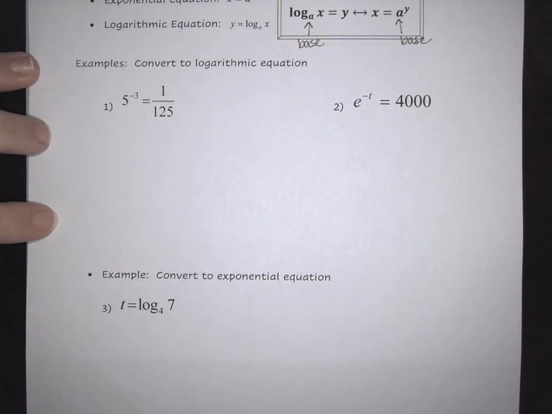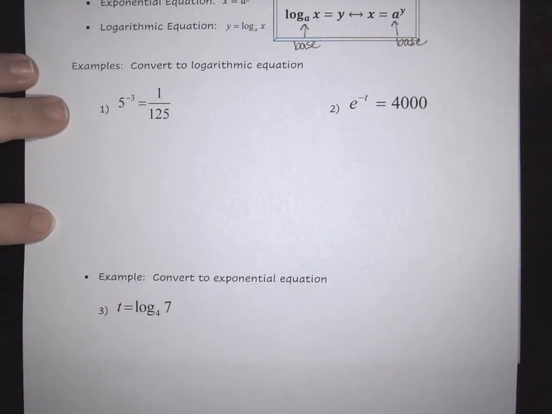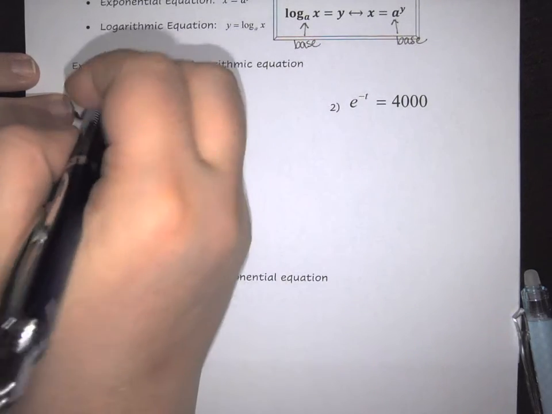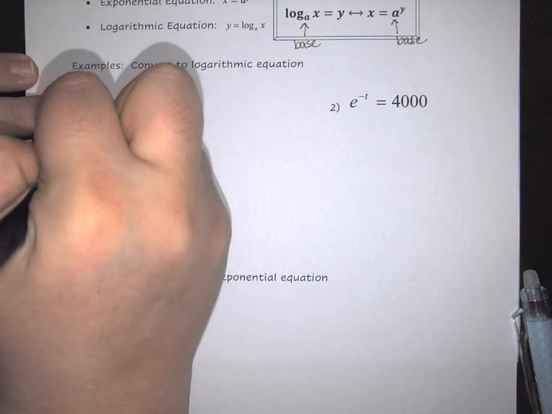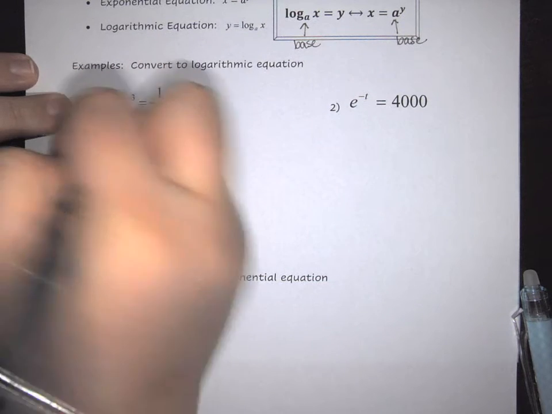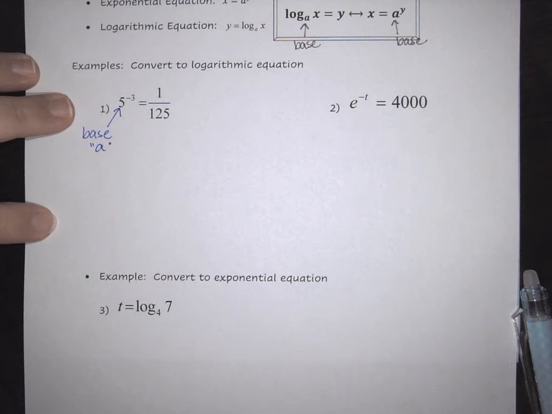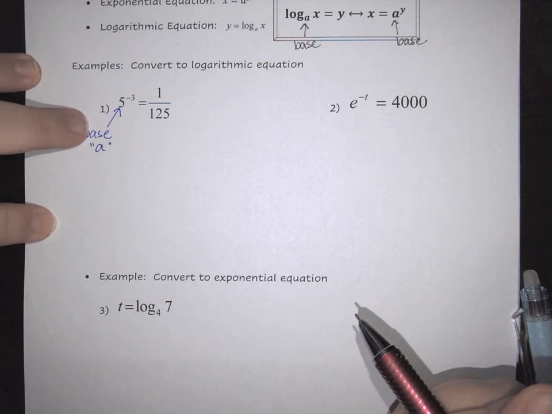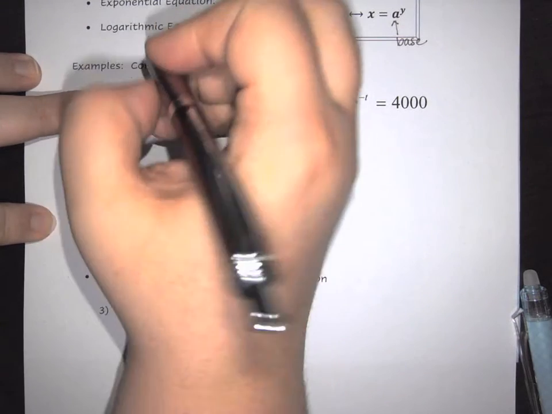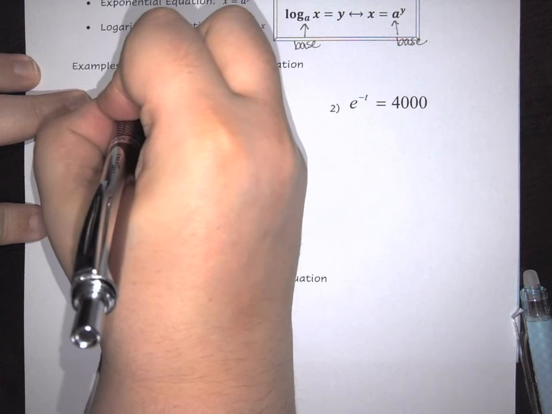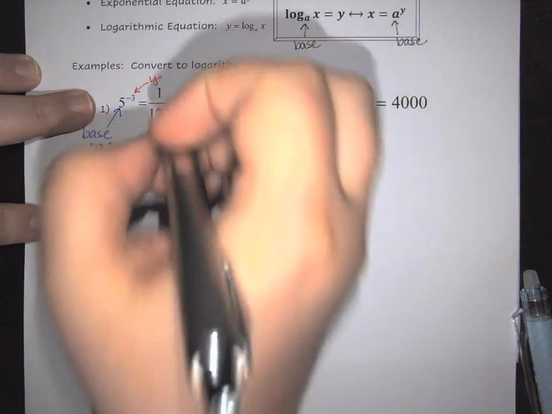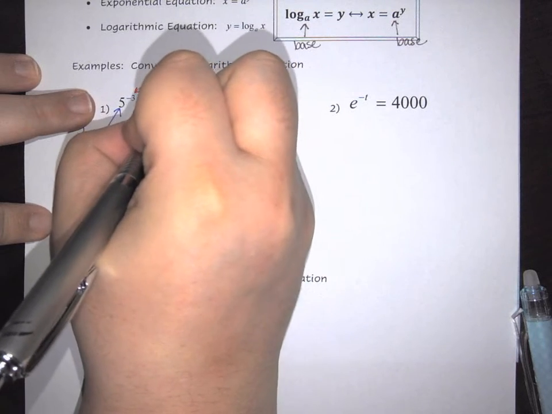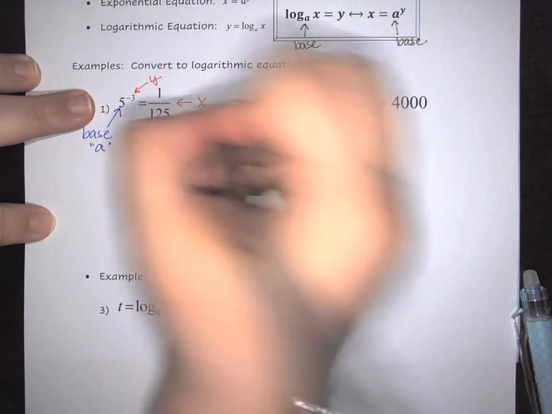So the first way that we do that is we need to evaluate or figure out their parts. So essentially, the 5 right here is your base, which a lot of times is labeled as a. And then if we look, we would have that the -3 piece is y, and the 1 over 125 is your x.